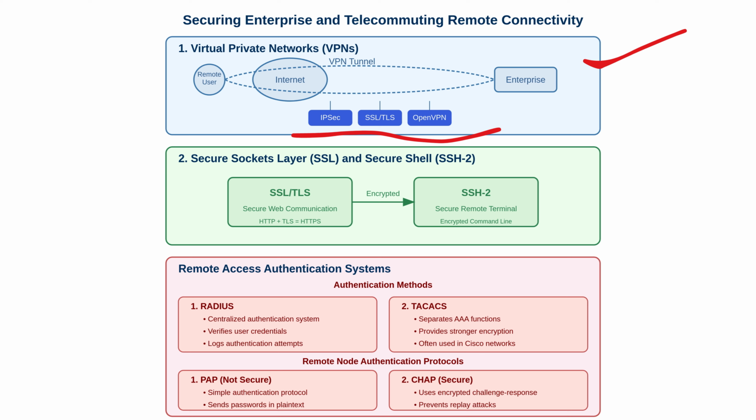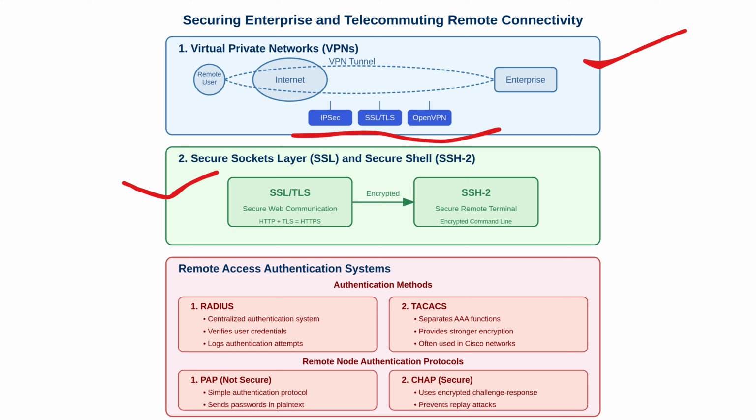VPNs are essential, but they aren't foolproof. If a hacker gains access to a user's VPN credentials, they can still infiltrate the network. That's why additional security measures like multi-factor authentication are crucial. Secure Sockets Layer, SSL, and Secure Shell, SSH2. SSL and TLS encrypt web traffic, securing remote connections to web applications.